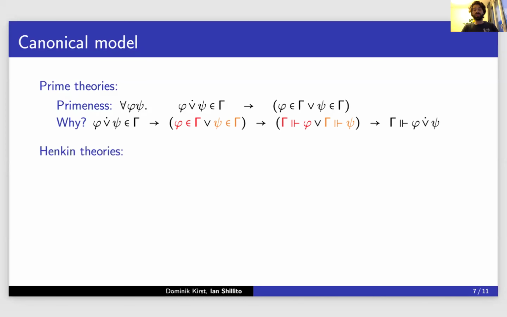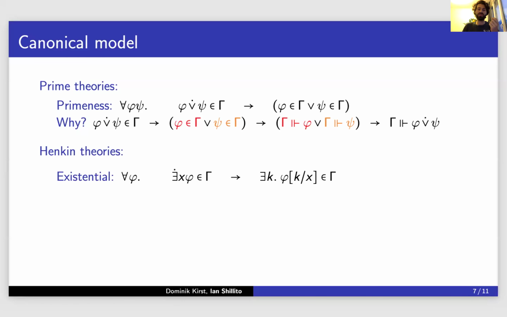And so we'll do the same for the quantifiers. And so we'll require that our theories are Henkin. So for each of the quantifiers, we'll require a specific property. The first one is for the existential. So we want to say that if a theory has an existential in it, then it needs to witness it, using a specific variable k showing that the existential formula is true.